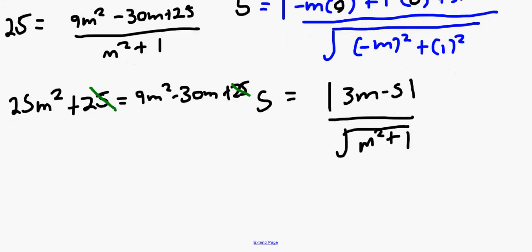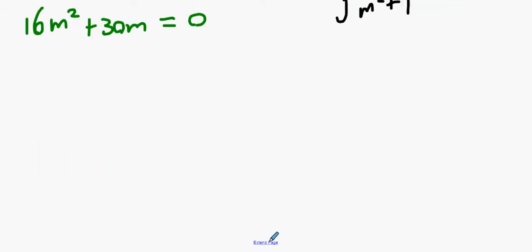And what I should end up with is 25 take away 9, 16m squared plus 30m equals 0. So this is going to be highly unusual. And what are we going to get here?